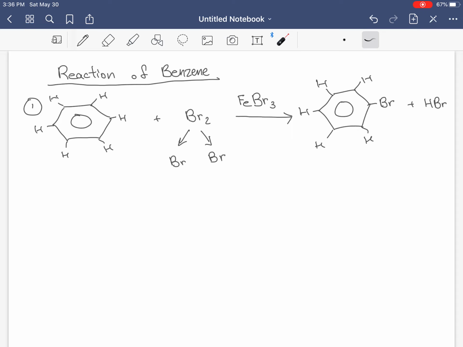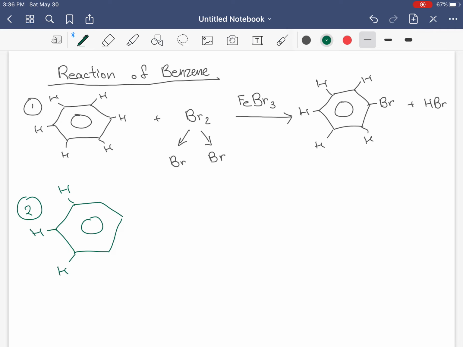Now, reaction number 2. This is where the fun begins. Let's use a different color. Let's start with what we just finished. Bromobenzene, right? What if I had decided to react this with more bromine gas?